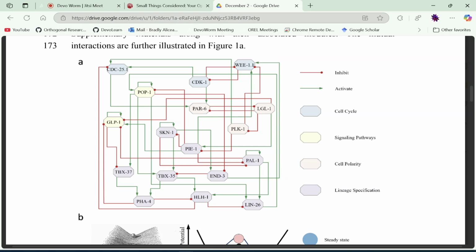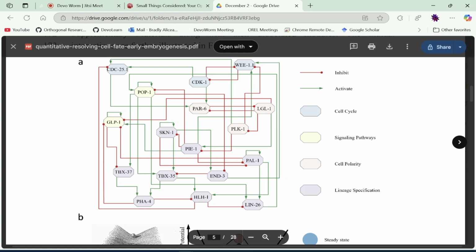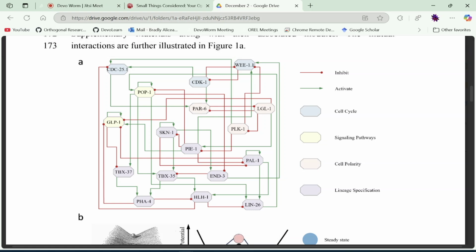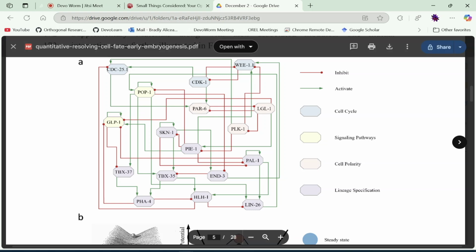The red connections are inhibitory, the green ones are activation. So for example, if we take N3, if more N3 is produced and there's more N3 protein, it goes up to WEE1.1 and it facilitates the production of WEE1.1.